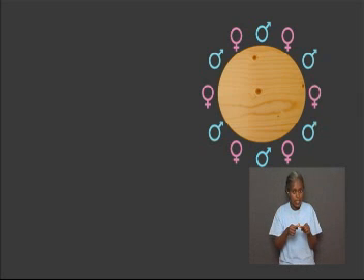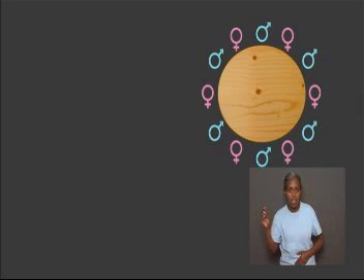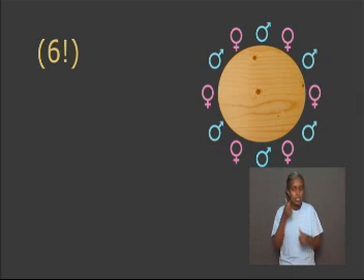But remember that the boys to the left and right of the girls can change too. First, the girls can be seated in 6 factorial ways.